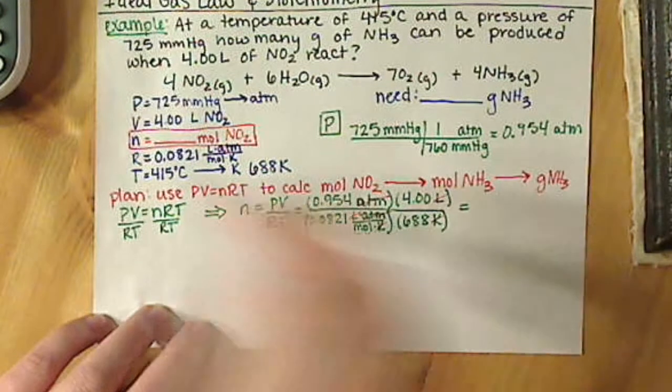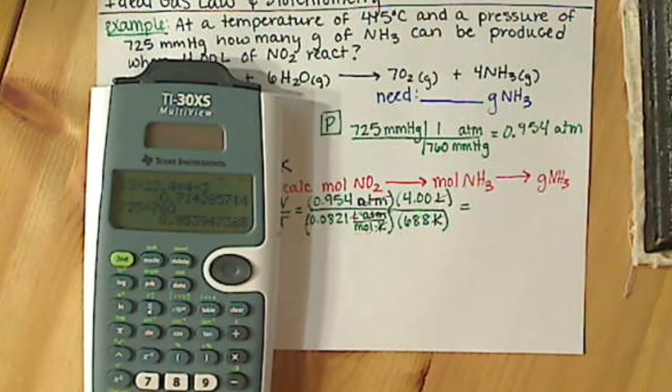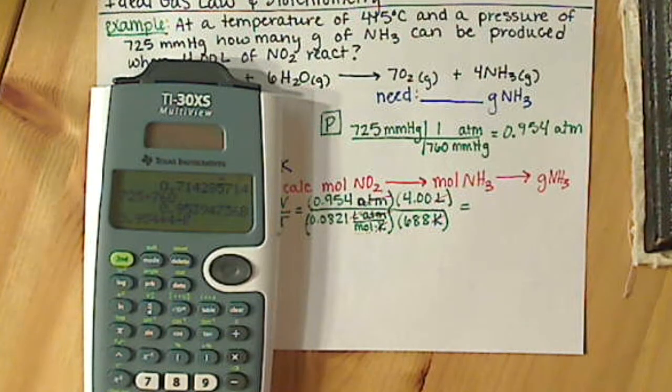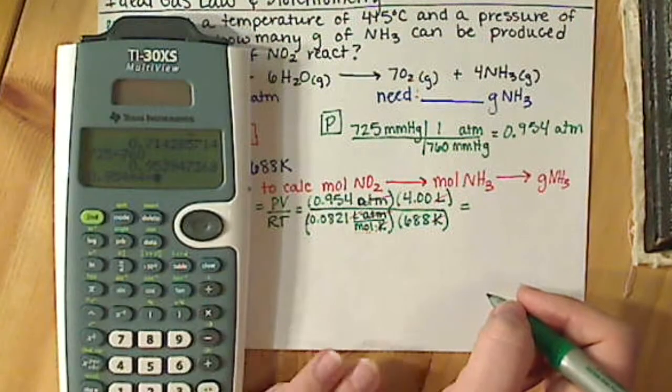I'm going to plug this into my calculator. So I have 0.954 times 4 liters divided by, okay, here's a critical calculation.